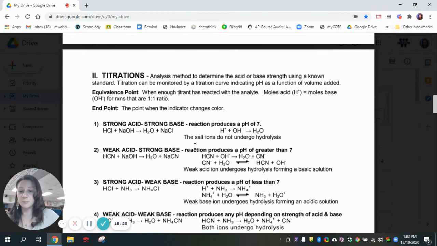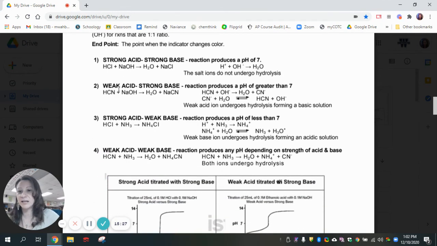For example, if you have a weak acid, strong base, because your pH will be higher than 7 at the equivalence point, you want to pick an indicator that maybe turns at a pH of 8 or 9, just a little bit above 7. If you have a strong acid, weak base, the pH at the equivalence point will be lower than 7, so you want to pick an indicator that will change color maybe at a pH of 4 or 5 or 6, a little bit lower than 7.